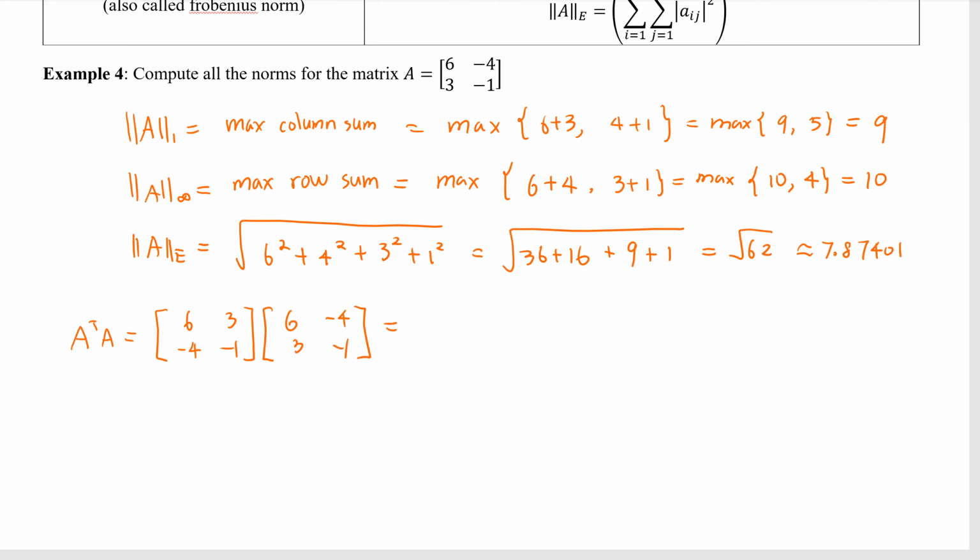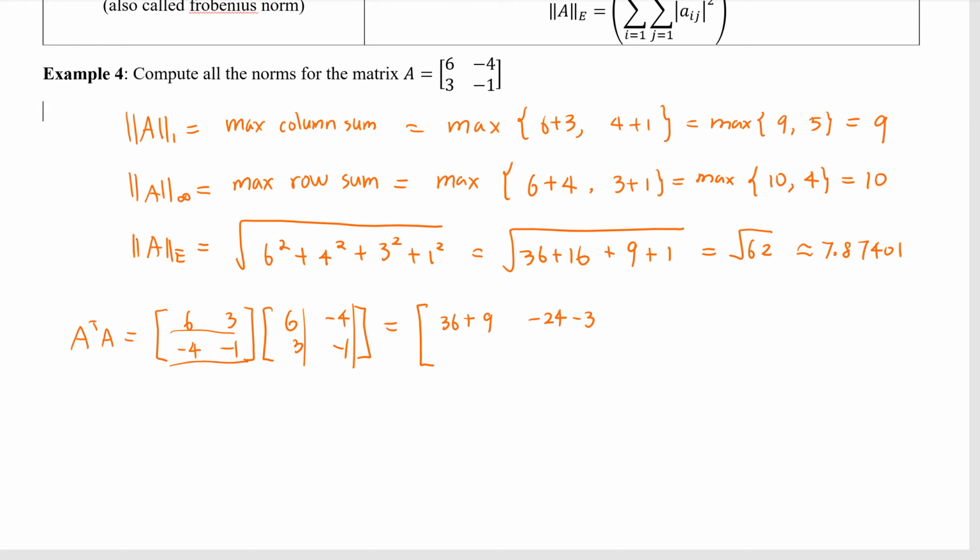Okay. And how do we calculate matrix multiplication? We use row times column. So 6 times 6, 36. 3 times 3, 9. Right? And then we use the first row times the second column. 6 times -4, -24. 3 times -1, -3.